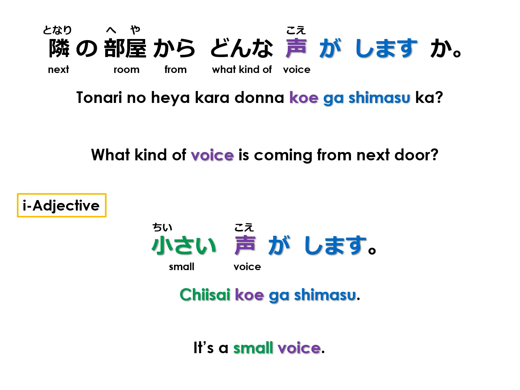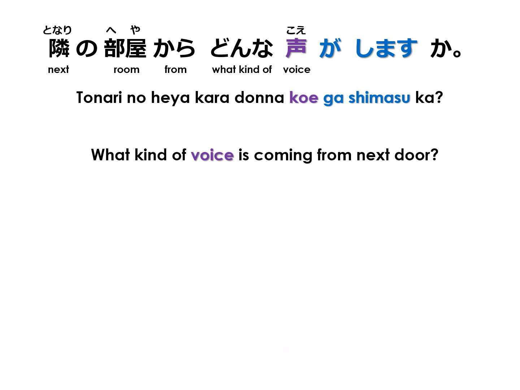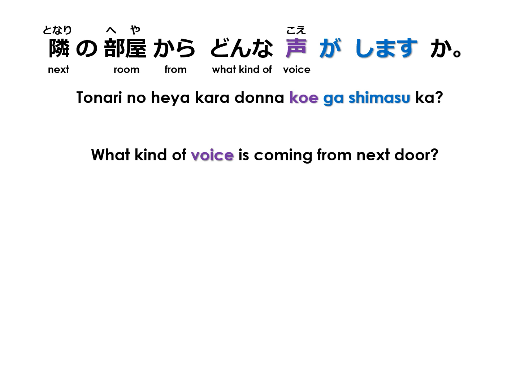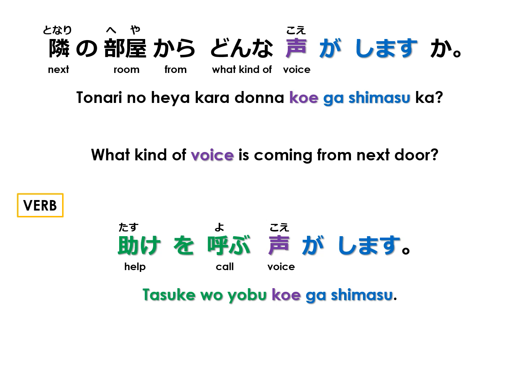With a na adjective, we can say things like 親切な声がします. It's a kind voice. Using a verb clause, 助けを呼ぶ声がします. It's a voice that's calling for help.